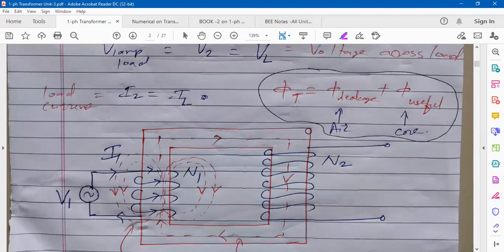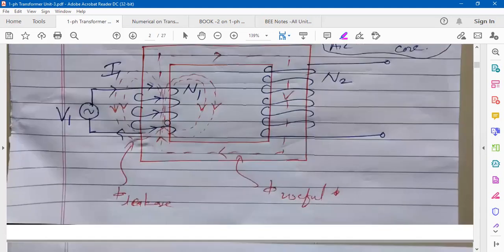This one we have seen previously. Now see, this leakage flux is coming in contact with N1 number of turns. While analyzing the transformer circuit, or during designing, when calculations are done, to consider the effect of leakage flux, this leakage flux is coming in contact with N1 number of turns.